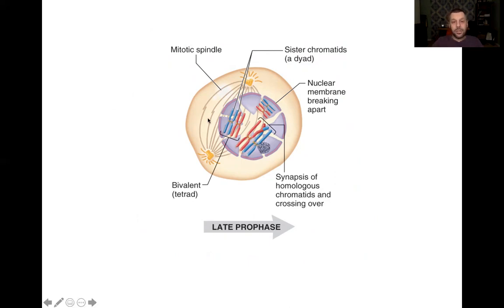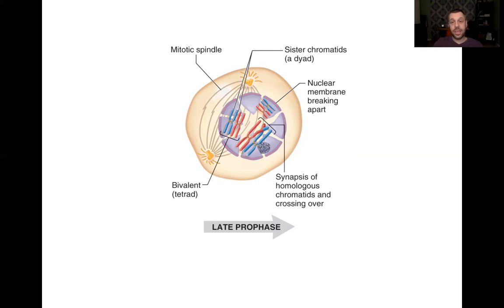Remember that this little blue X here represents 2 sister chromatids, right? This blue thing is one chromosome. It's been duplicated into 2 sister chromatids. And they're lining up together in what is called a bivalent or a tetrad, where you get these 2 pairs of sister chromatids lining up together.